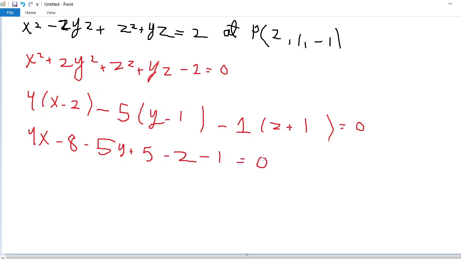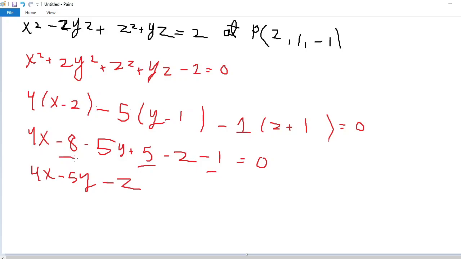Okay, so here let's write the 4x and then negative 5y and then negative z. Let's combine the 5, the negative 1 and the negative 8.